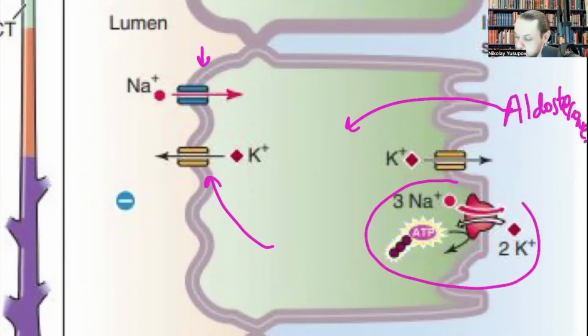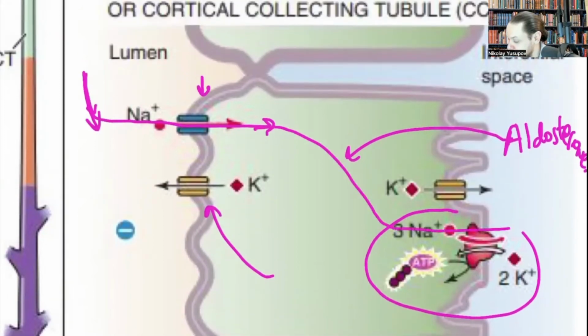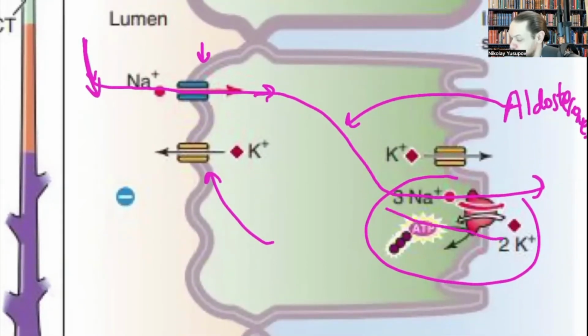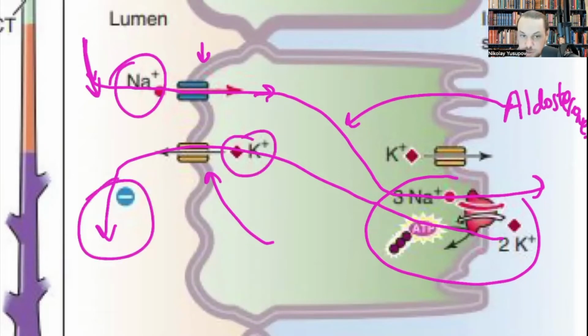And now you could see, let's say blood is coming in with these solutes, and more sodium is being pumped out under the setting of aldosterone, because I want to retain salt and water. This sodium is going to be pumped out into the interstitium for salt and water retention. This potassium is going to come in to get secreted in the urine. So in the setting of aldosterone, you're going to get salt and water retention, and you're going to get kaliuria, losses of potassium in the urine. So that's what's going to be occurring.